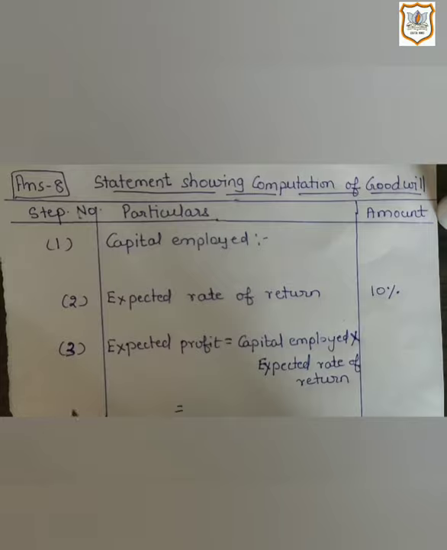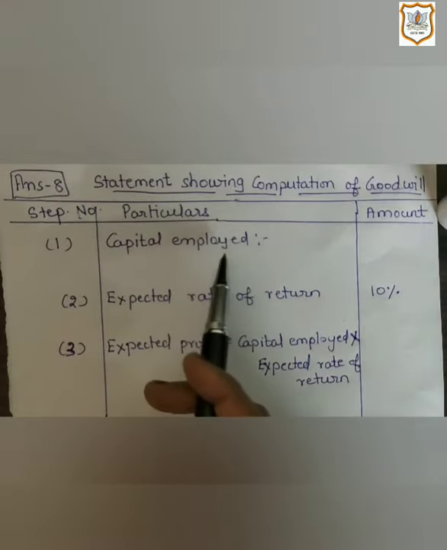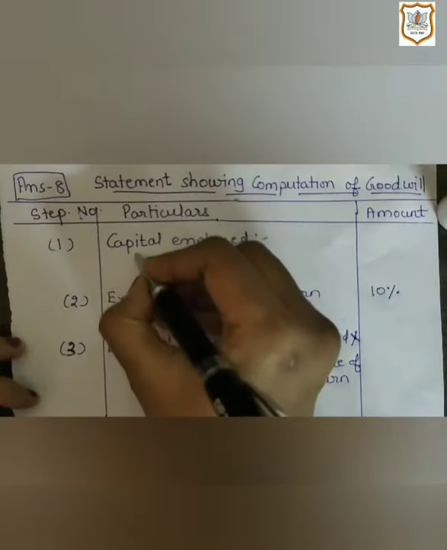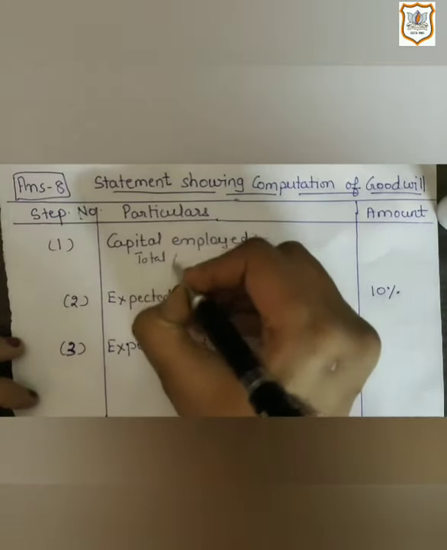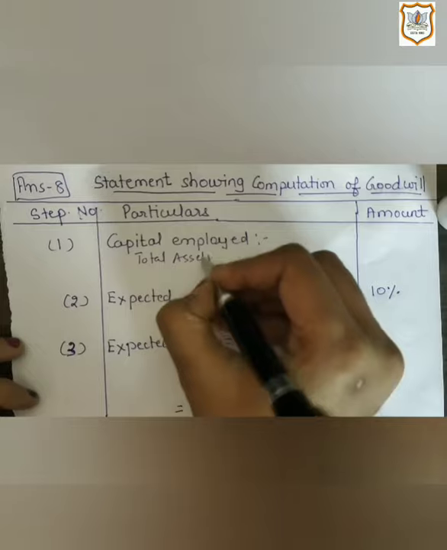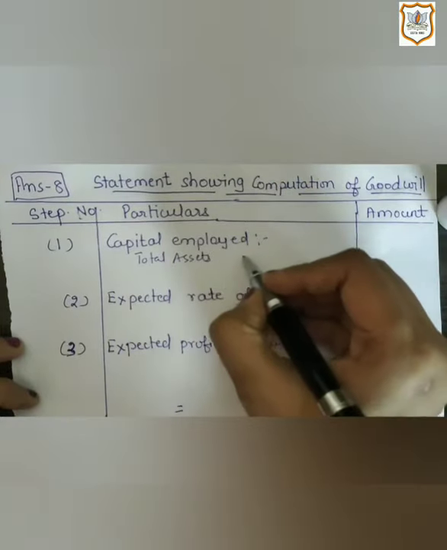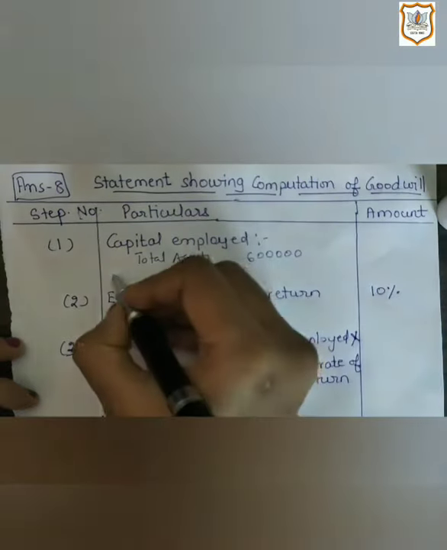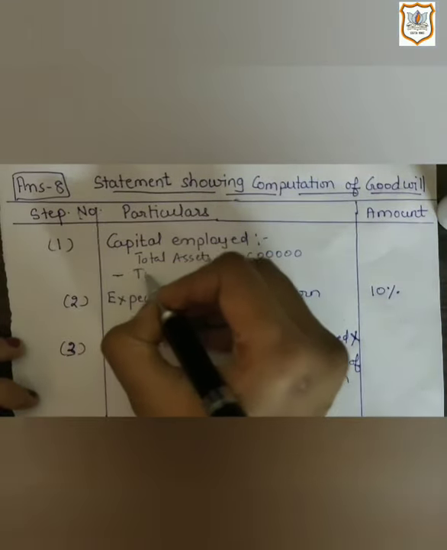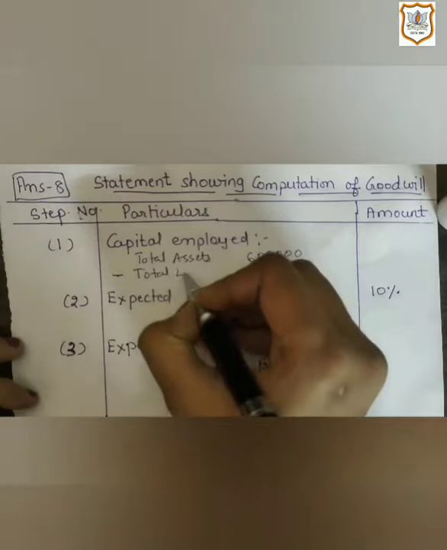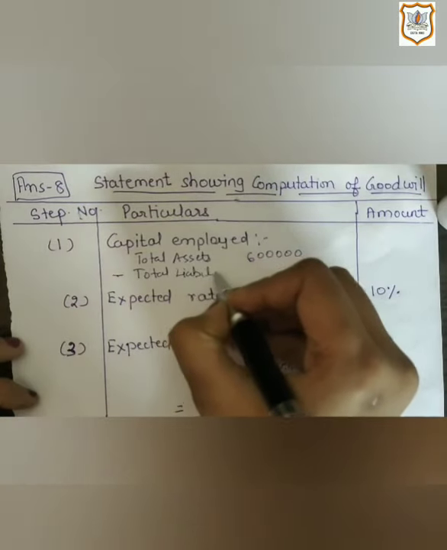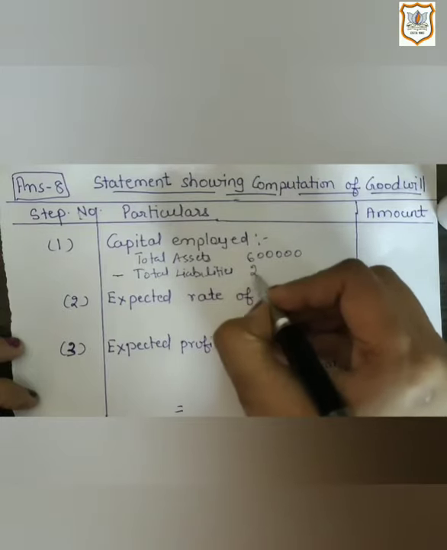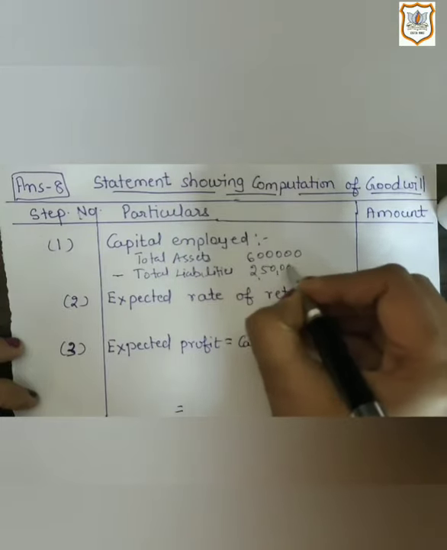Here first we will find out capital employed. Here capital employed is equal to total assets, which is given in the question. It is 6 lakh minus total liabilities, which is 2,50,000.